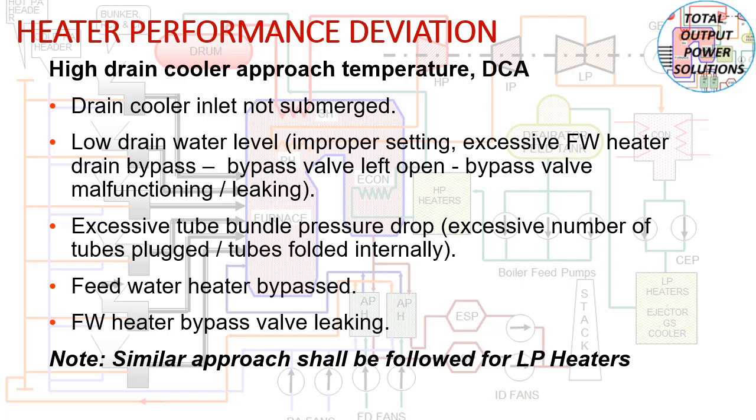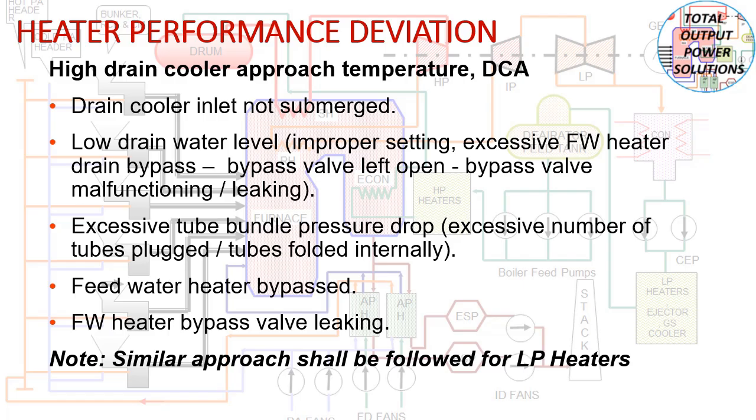Excessive tube bundle pressure drop means an excessive number of tubes are plugged, or the tubes are folded internally. If the feed water heater is bypassed, then again the DCA will be higher. The feed water heater bypass valve may be leaking. A similar approach shall also be followed for LP heaters.